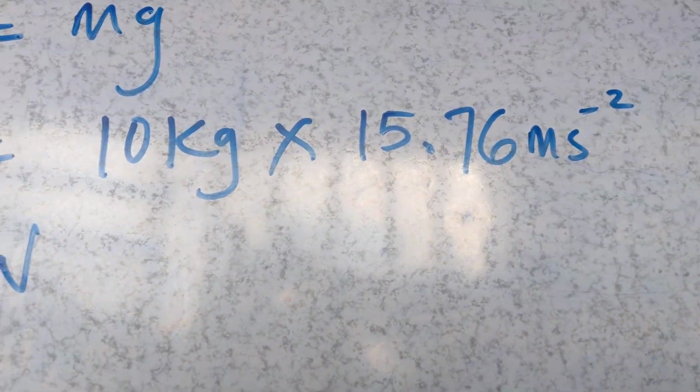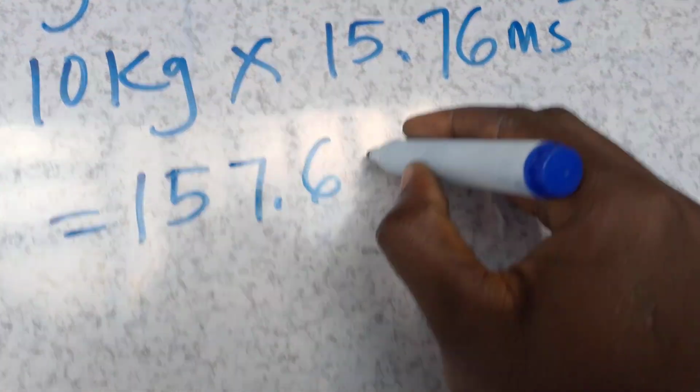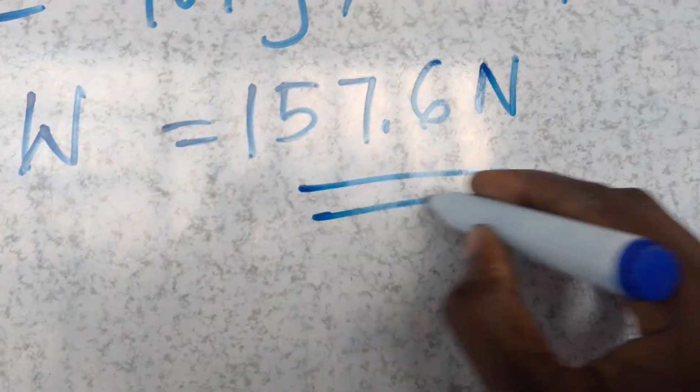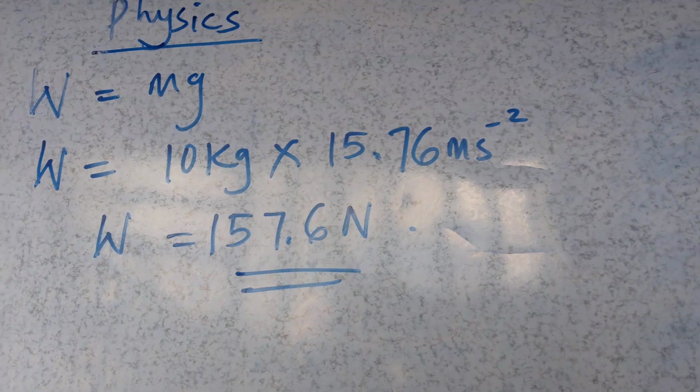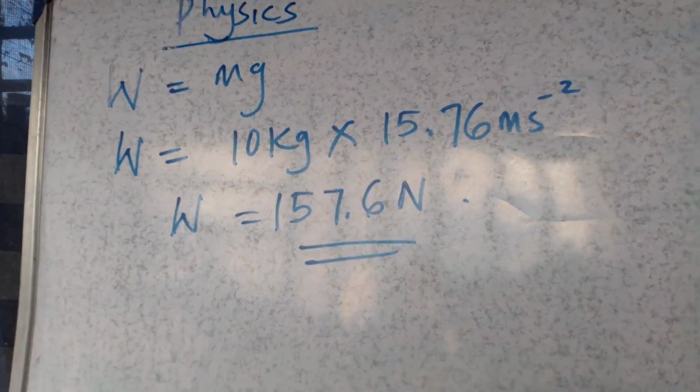When I multiply them, I have my weight as 157.6 Newton. That is the weight of the 10 kg ball.